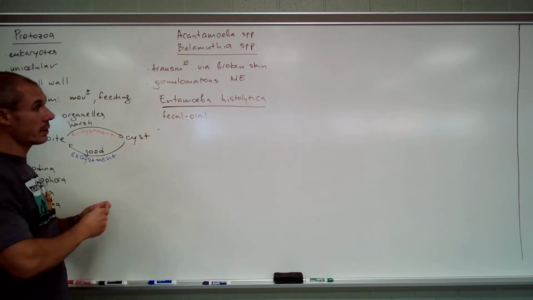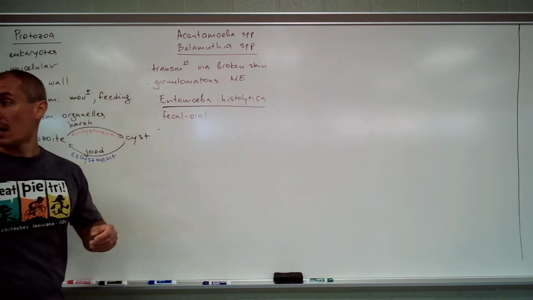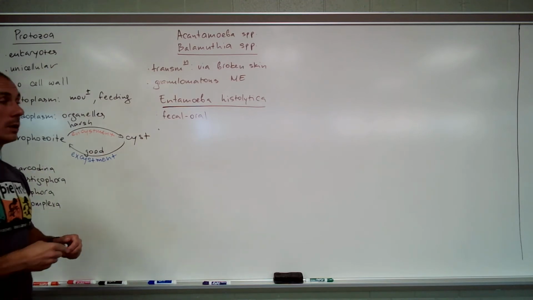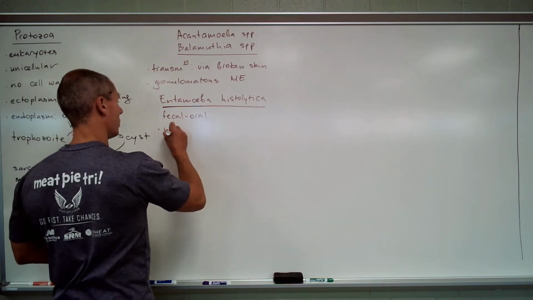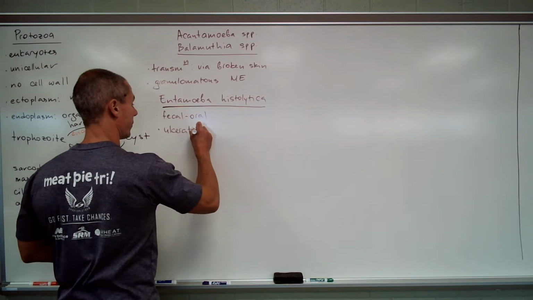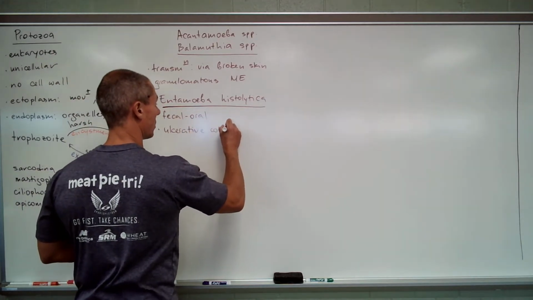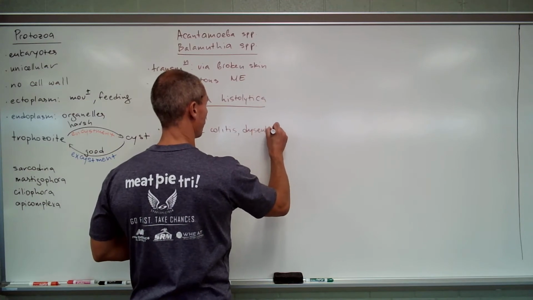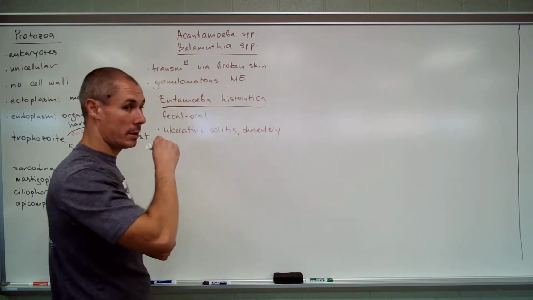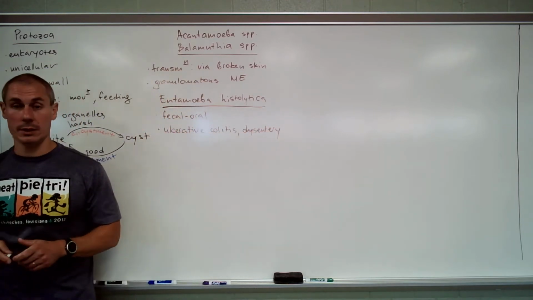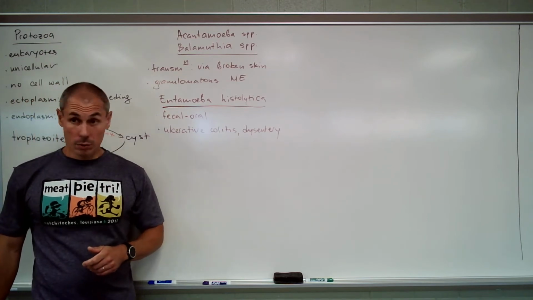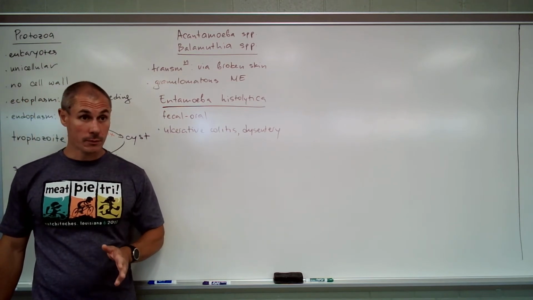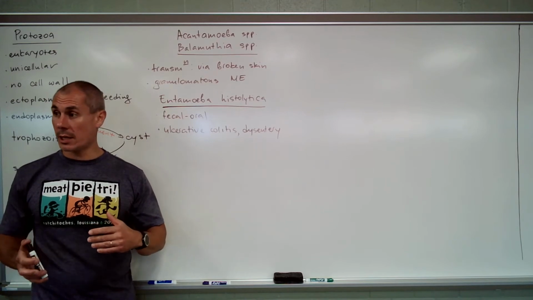And if you look at the name histolytica, breakdown of tissues, it leads to ulcerative colitis and dysentery. You may remember that the definition of dysentery is bloody stool. So far we good?